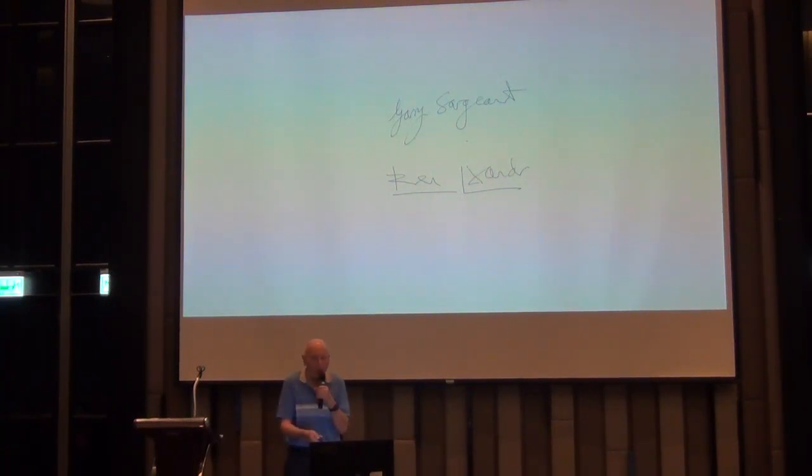But in Ren's case, there are some characteristics that have changed in the signature, but the line quality and the actual connection points are very much the same, and the proportion of capital letters to the middle zone letters is very much the same, and also the gap between Gary and Sargent, and Ren, so you're writing your Christian name and your surname, that hasn't changed as well.